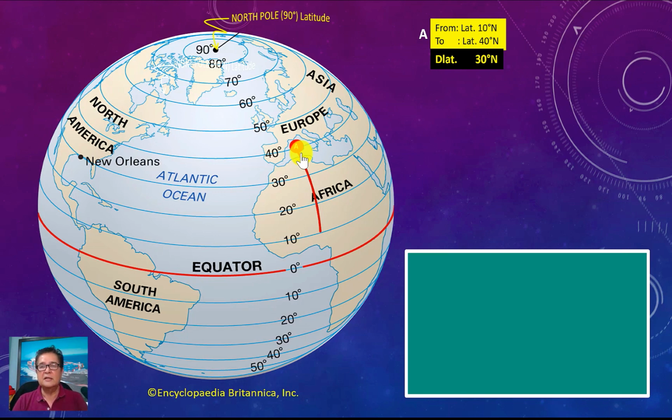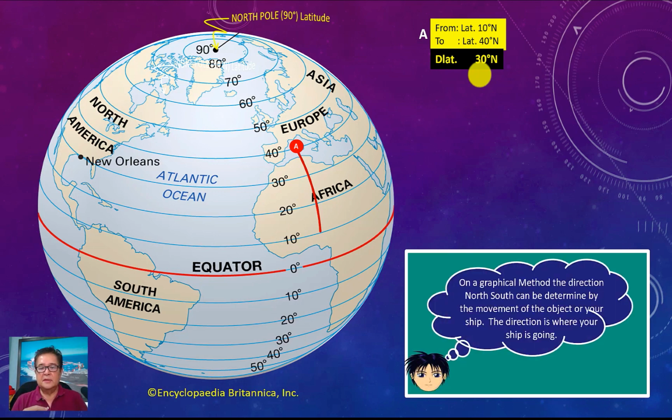In this case, ship A moves going north and the distance is 30 degrees north. On a graphical method, the direction north-south can be determined by the movement of your ship. The direction is where your ship is going.